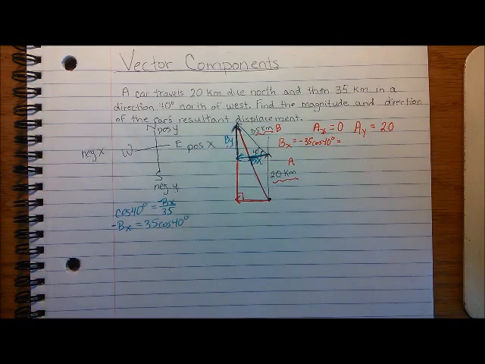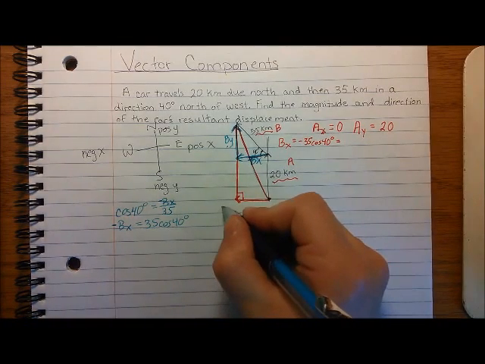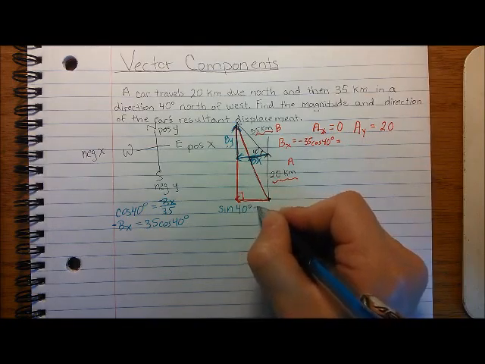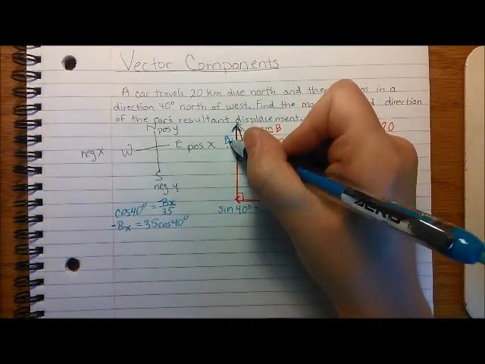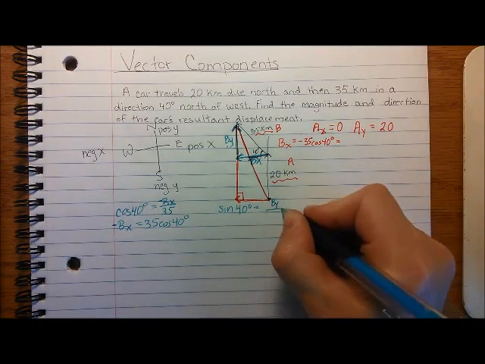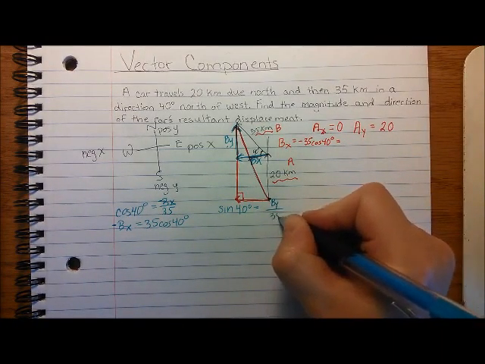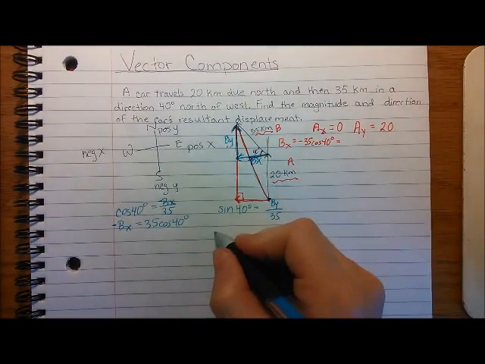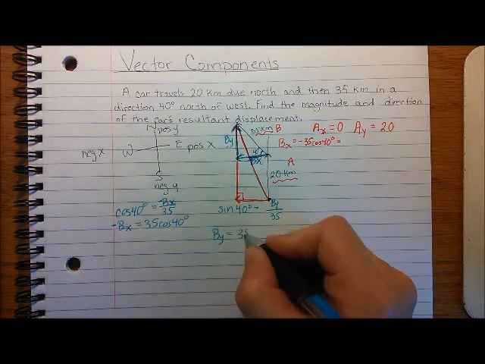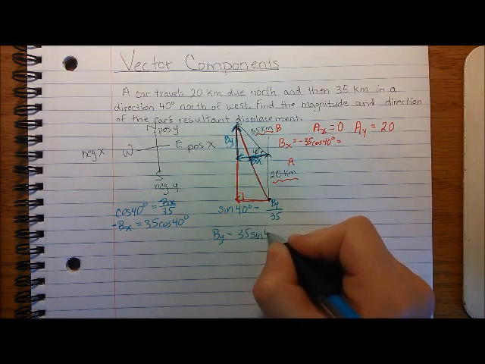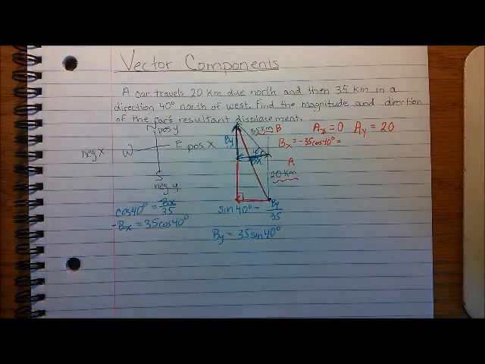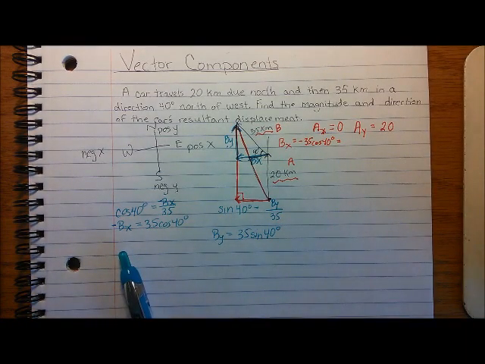So we're going to set up a new expression. Sine of 40 degrees is opposite over hypotenuse, so by over 35. Then we'll solve for by, and we'll say that by is 35 times the sine of 40 degrees. And we can write that here.